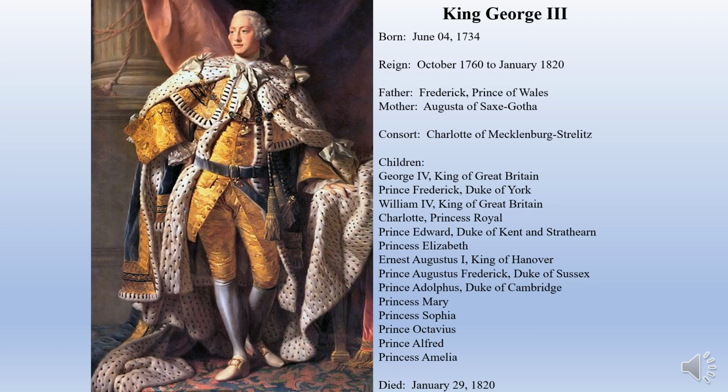George III was a constitutional monarch, much like Queen Elizabeth II today of the United Kingdom. When we talk about the tyranny of Great Britain and the tyranny of the king, we have to remember that they're actually talking about something much different. They're talking about Parliament. So we'll talk about that when we get to the American Revolution.